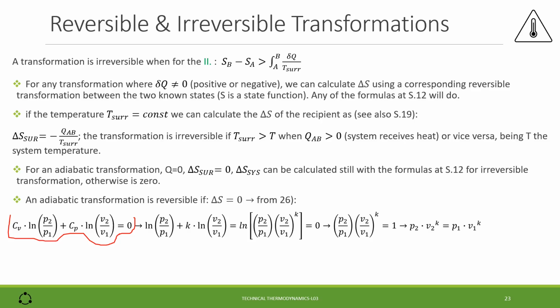Also, logarithm of P2 over P1 times V2 over V1 to the power K equals 0. And then P2 over P1 times V2 over V1 to the power K is equal to 1, and then P2 times V2 to the power K equals P1 times V1 to the power K. That demonstrates formula number 33, well known, of the isentropic transformations: P times V to the power K is constant.